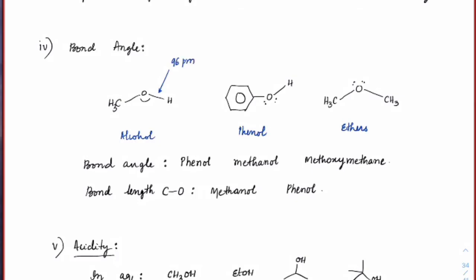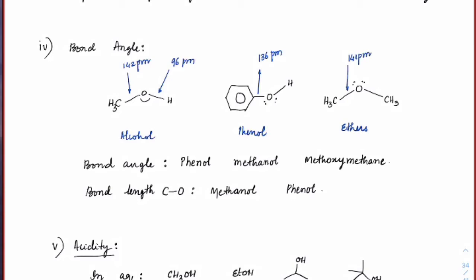Not that you have to remember the values, we just need to know the comparison. It is around 142 picometers. While here, if you check the bond length, it is around 136 picometers, and here the bond length is around 141 picometers. This is the bond length.